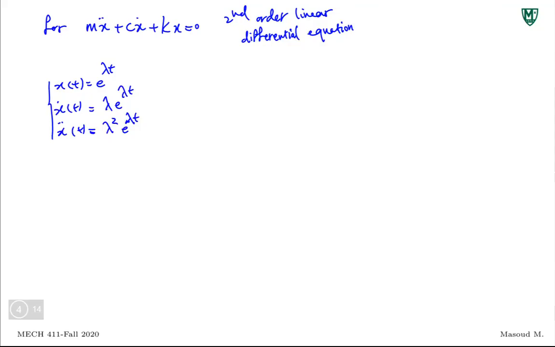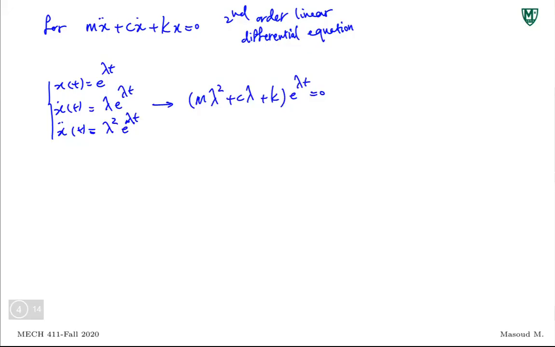I'm going to plug these into the differential equation because I want to convert my differential equation into an algebraic equation and find the roots of that equation. So this becomes m lambda squared plus c lambda plus k, times e to the lambda t, is equal to 0, if I didn't make any mistake.